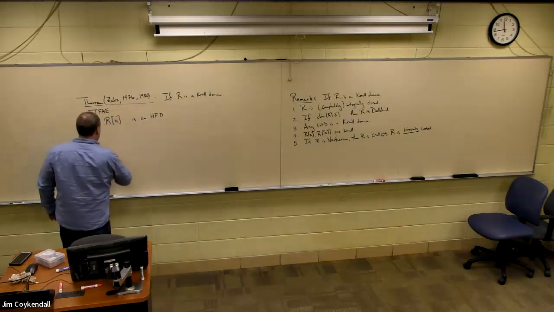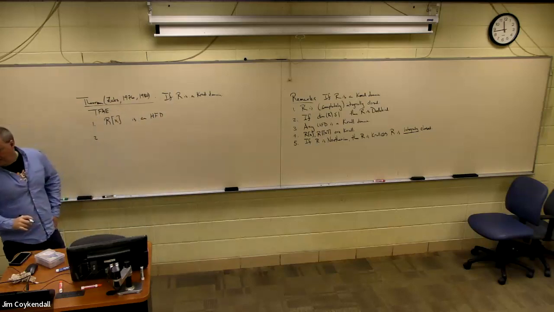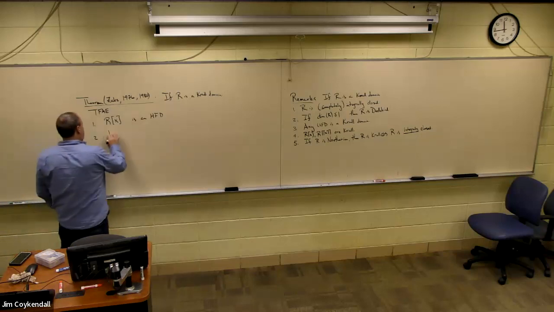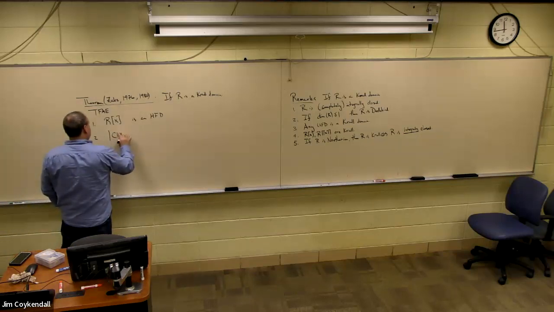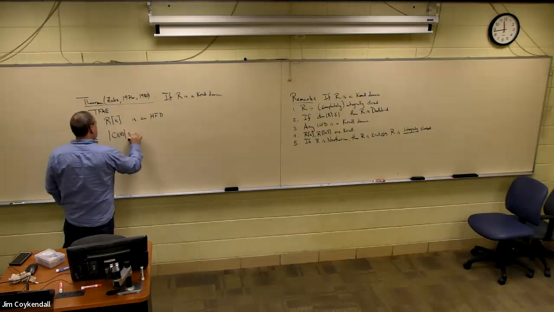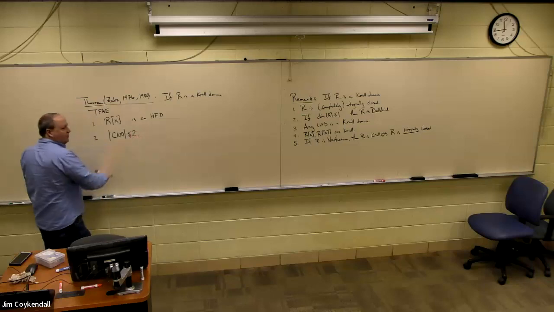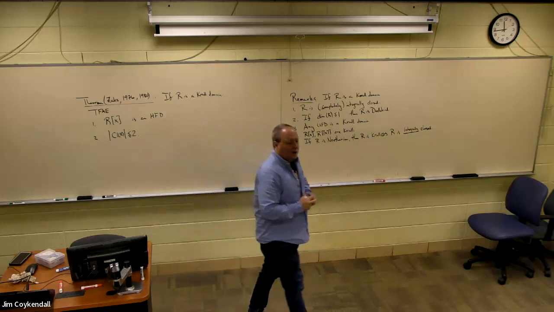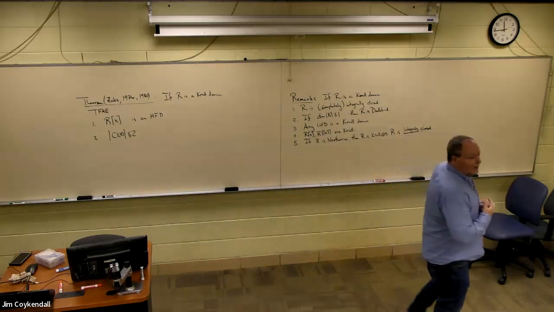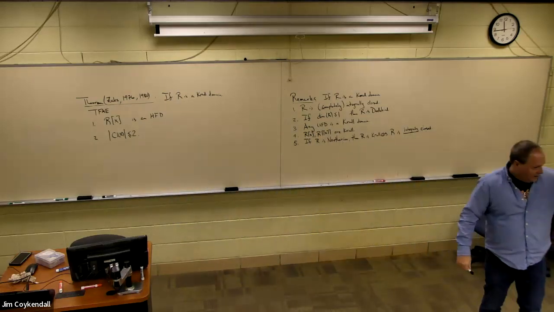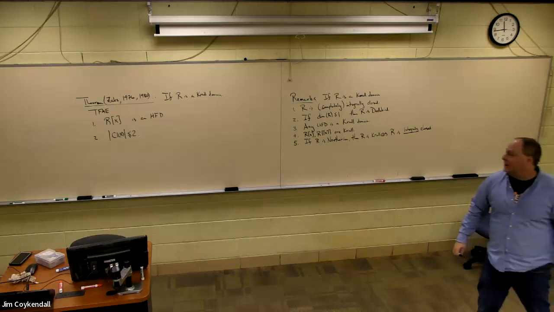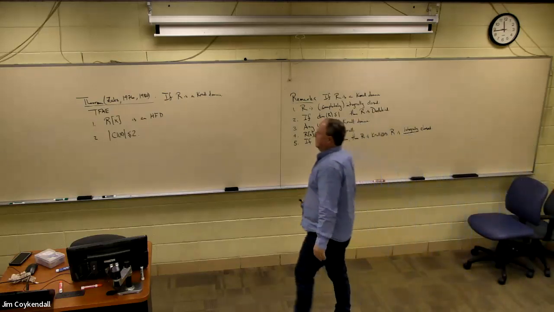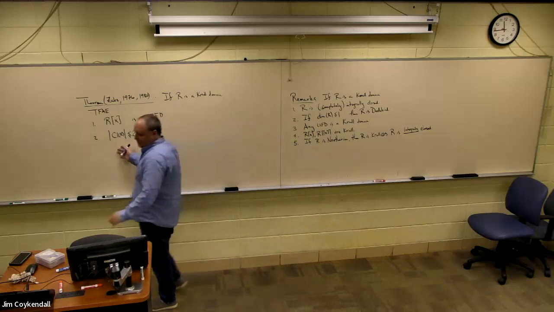Number two, the class group is... This is the generalization of the class group in the Krull domain case, which I'm not going to talk about. This is exactly equal to the class group that you're used to if it's a one-dimensional Krull domain, if it's Dedekind, but it's slightly different in the higher dimension case.